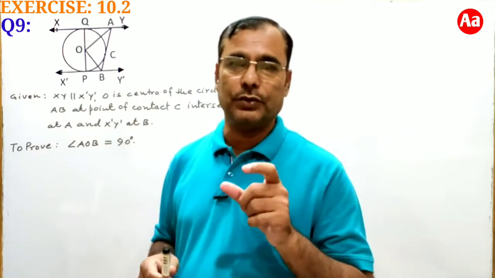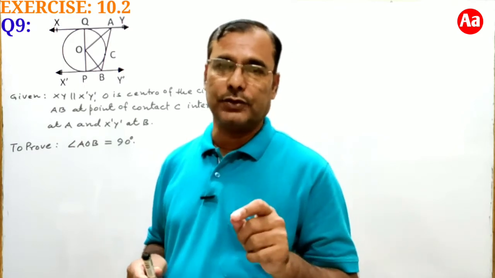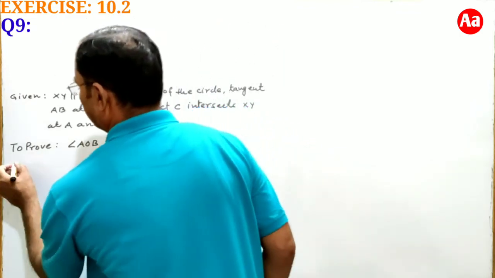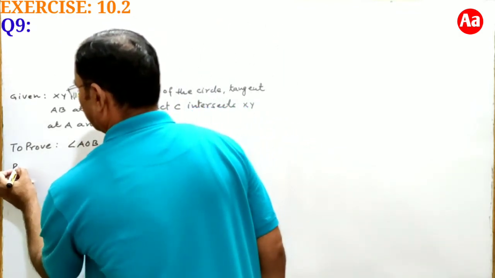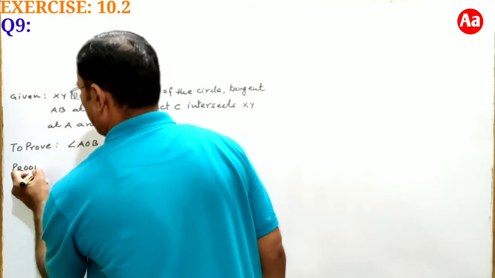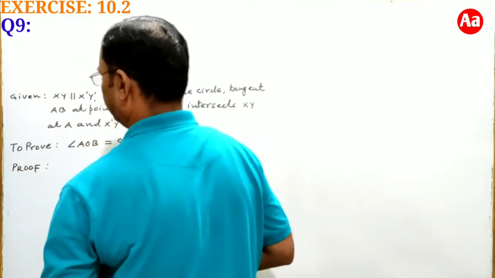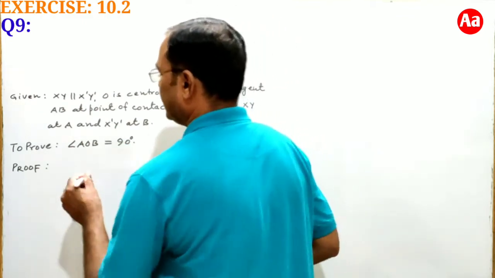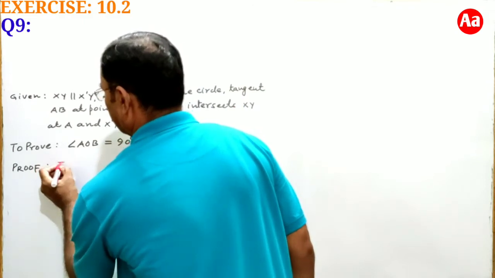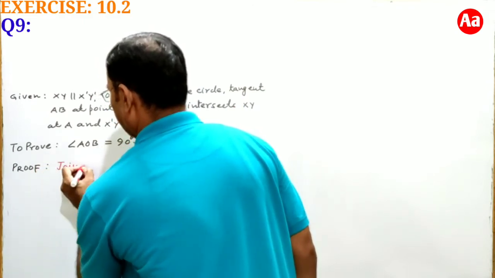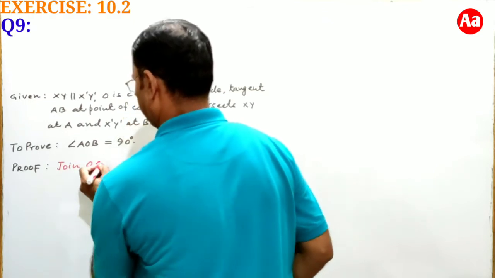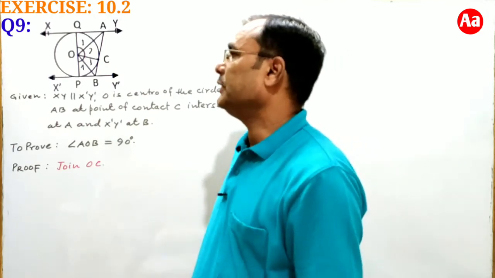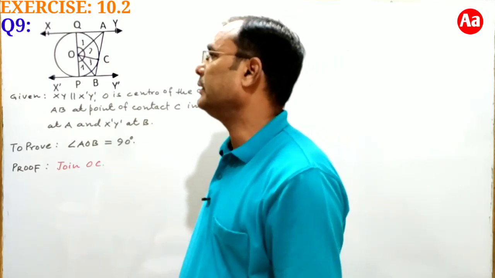In order to prove this result, first we have to join OC, O center of the circle, to point of contact C of tangent AB. So proof, let's write this: join OC in triangle AQO and ACO.